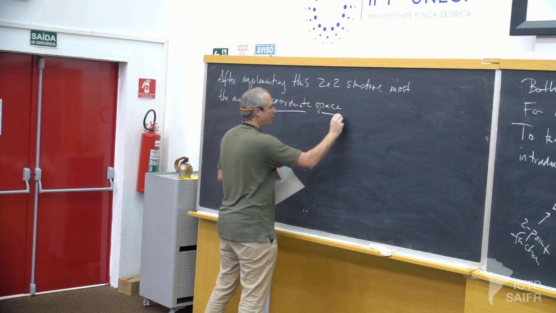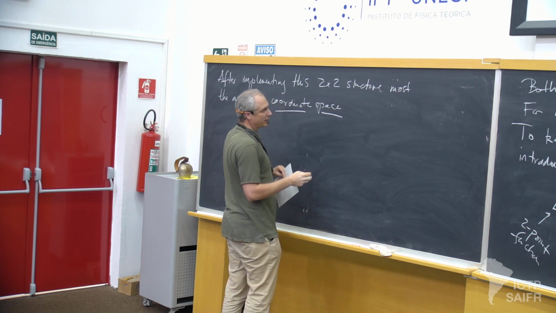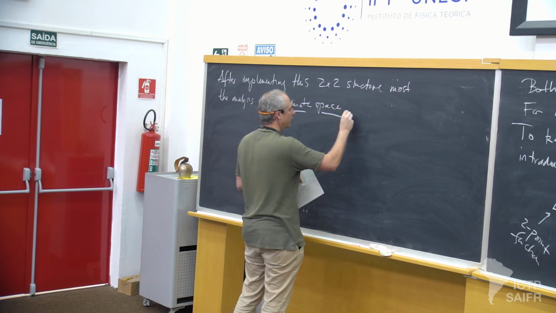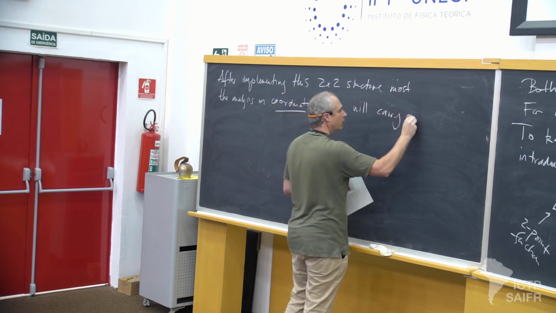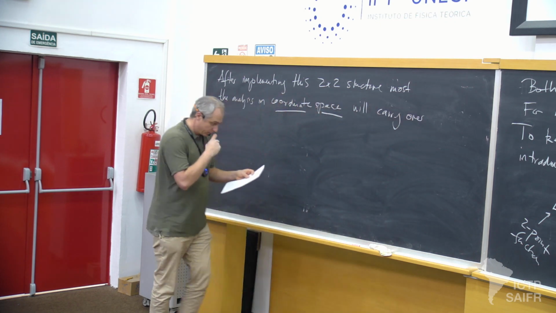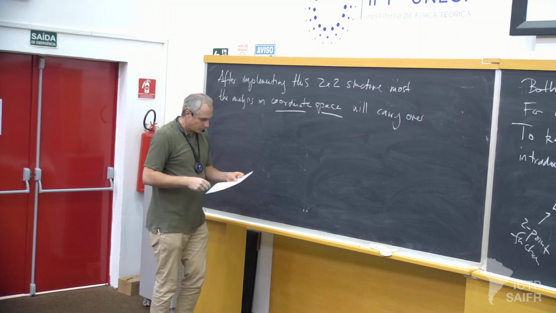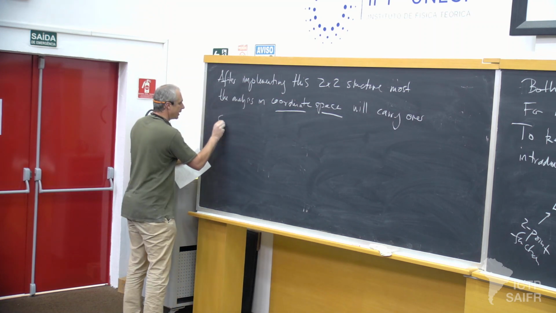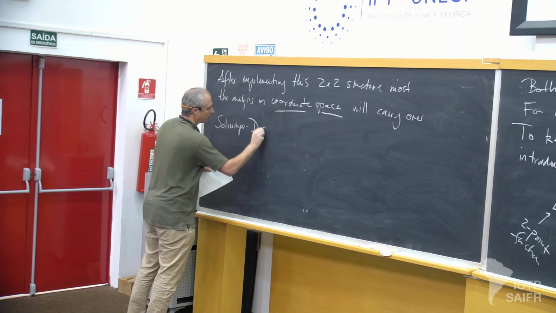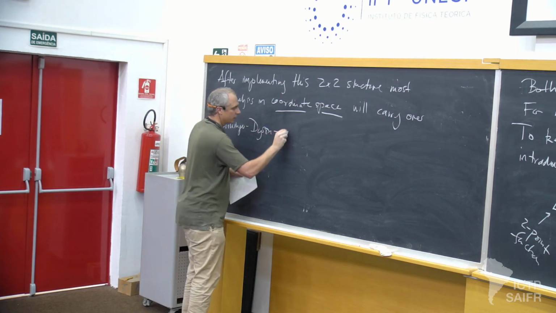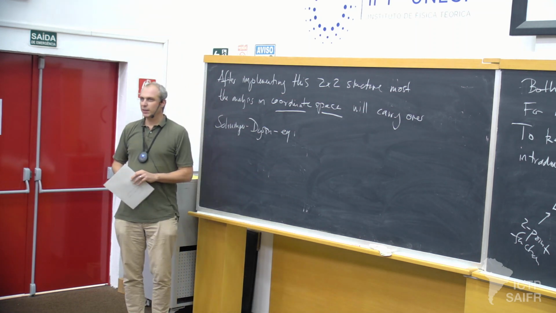I will emphasize this because we will see in the next lecture that there's also something going on there. Okay, so what do I mean by that? Let's say you take the Schwinger-Dyson equation. So who knows what the Schwinger-Dyson equation is?